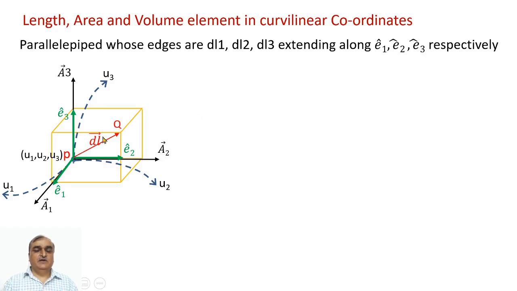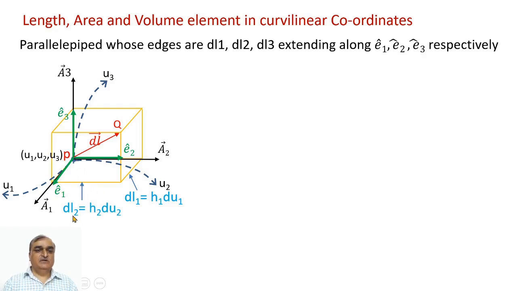Let us see the three components of this dl bar along the three axes. dl1 is the component along the a1 axis, which gives variation of coordinate u1, and the direction is given by unit vector e1.